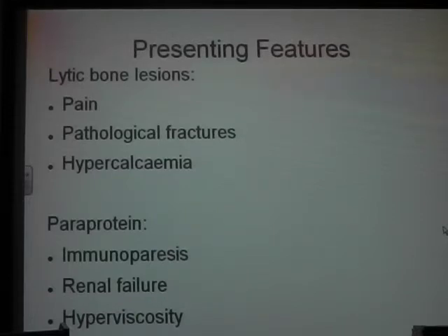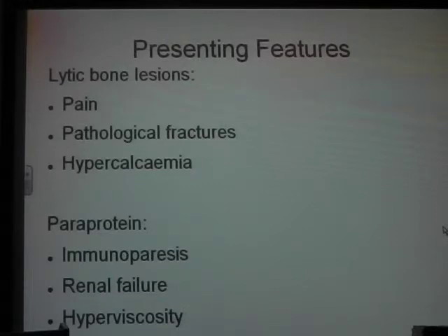So how would high calcium present? Yeah, that's really good. I heard you guys groaning that, so that's great. Paraprotein. So what's a paraprotein? Single immunoglobulin. Yes, a monoclonal immunoglobulin.